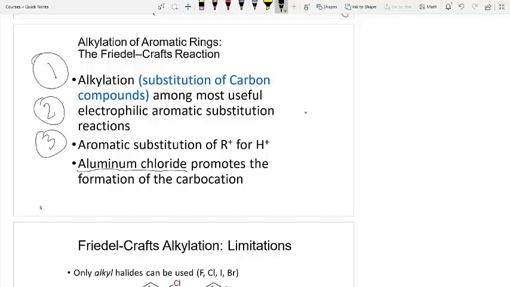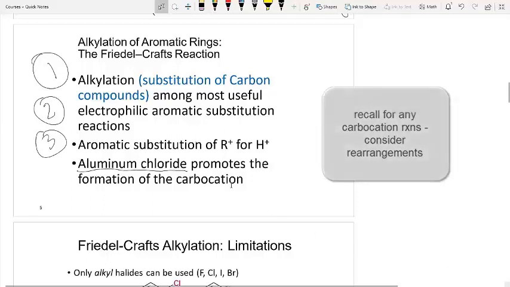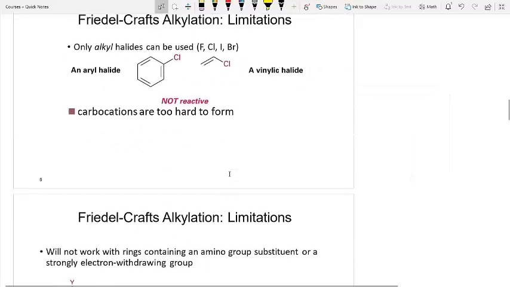And our third limitation is that once you add one alkyl group, it makes it easy to do polyalkylation at that point. And then lastly, rearrangement is something, anytime we see carbocations, there's always an issue. It's not necessarily a limitation per se, but it's always something you need to factor in.